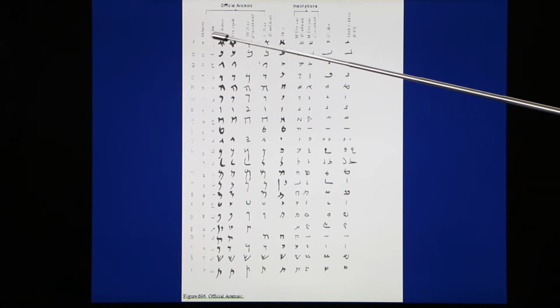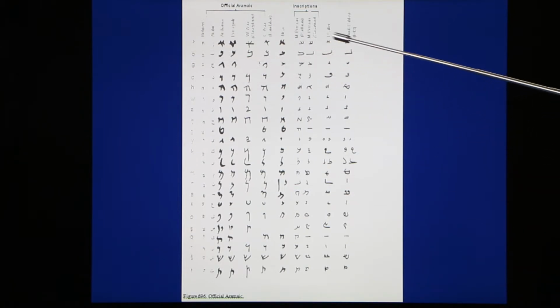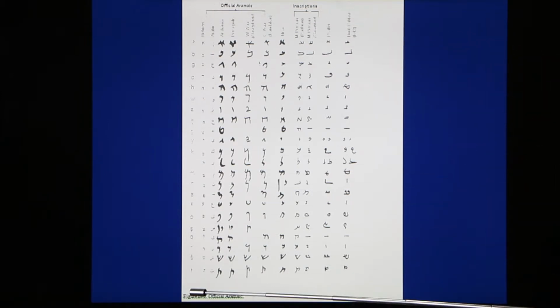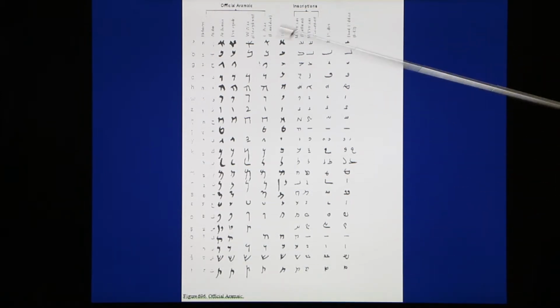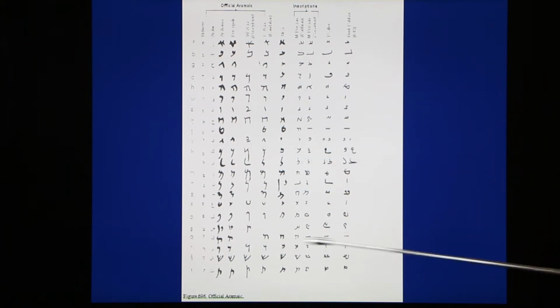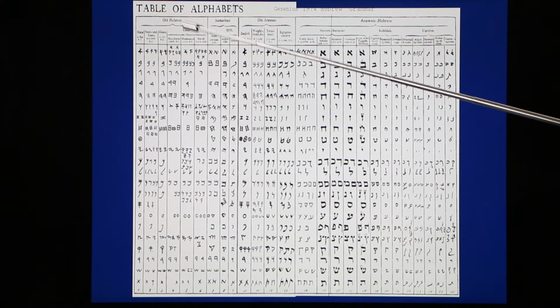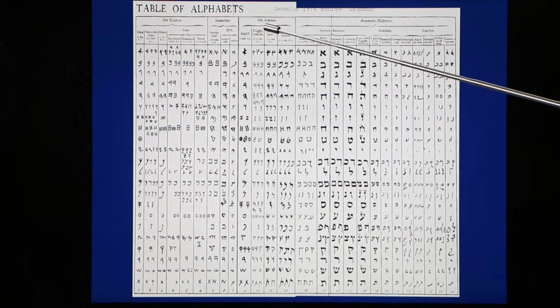And here you compare official Aramaic with Aramaic inscriptions, and you see the number of the letters and the variations in the letters. And here's another tablet of alphabets with Old Hebrew, Samaritan, Old Aramaic, and Aramaic Hebrew.